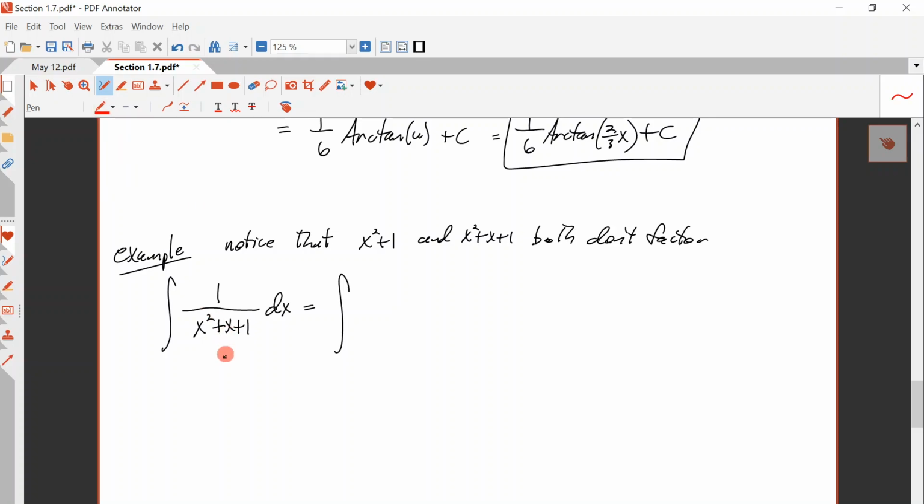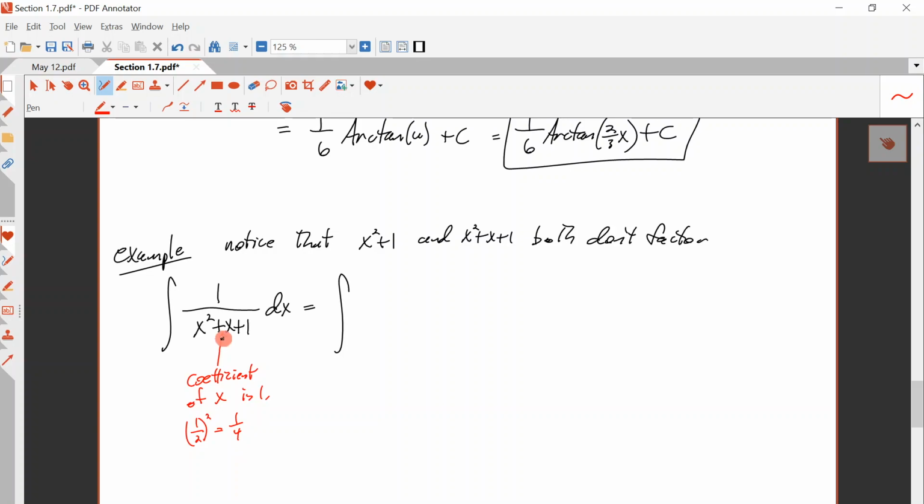Okay, what's the coefficient of x here? Right, so the coefficient of the middle term x is 1. So now take that coefficient 1, divide it by 2, and square it. You get a quarter.